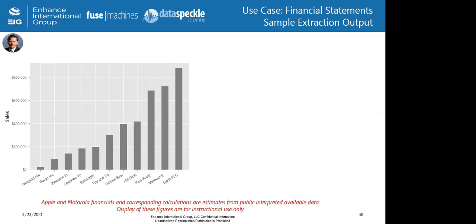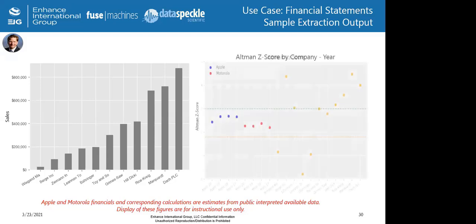So again, this is an overview of looking at a random dozen or so companies, and we hid the names to protect the innocent, so to speak. But we can see that Altman Z is not reliant on your sales. It's reliant on your balance sheet and your P&L.